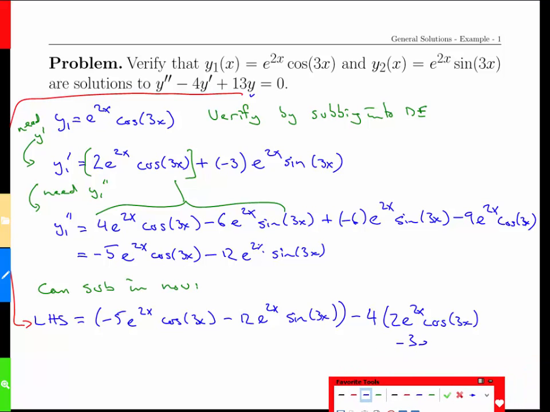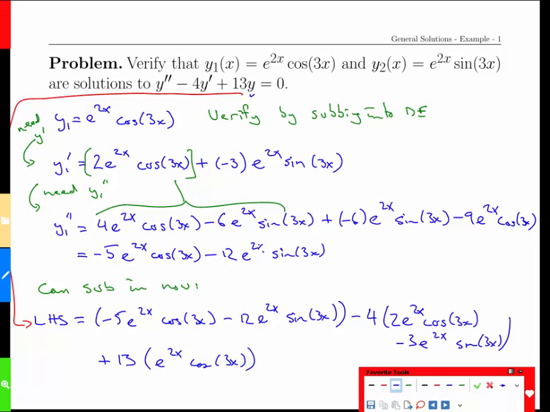Try to make some room here. And last but not least, we're going to have 13 y's, and y was just e to the 2x times cos of 3x. All right. Now, rather than go to the next page, let's see if we can work this through.